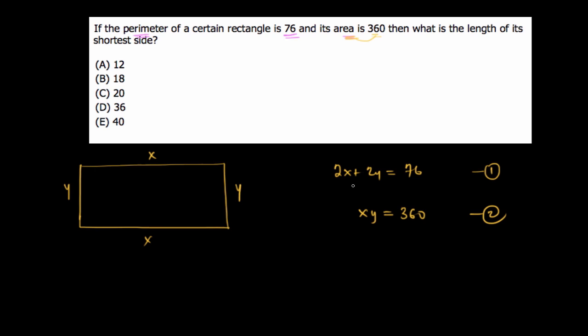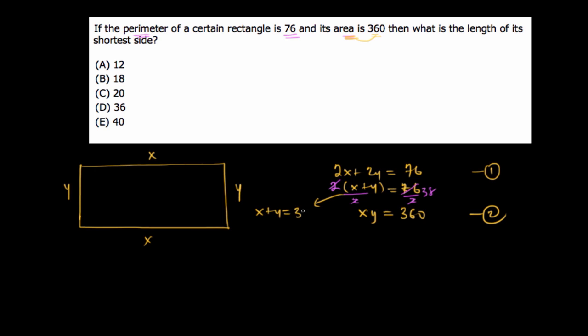Now before I begin to solve this, you'd observe that 2 is common here, so you have 2 times x plus y equals 76. So you could divide both sides by 2, so this goes off. 2 in 76, you have 38.